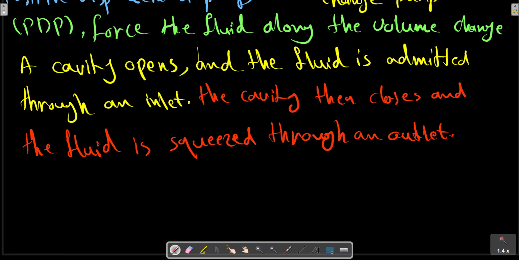The mammalian heart is a good example, and many mechanical designs are in wide use.